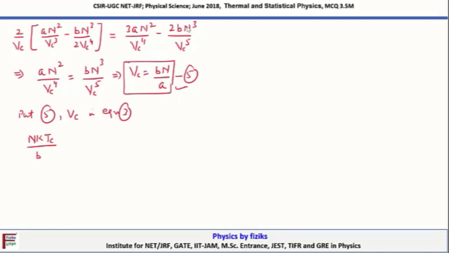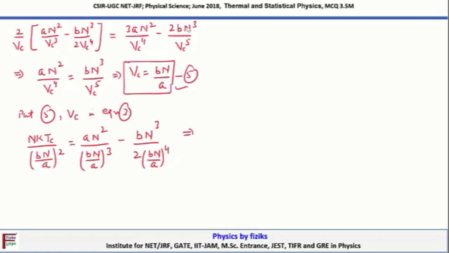So divided by bn upon a, its square, and that is equal to a n square divided by Vc cube, which is bn upon a and its cube, minus b n cube divided by 2 times Vc^4. Okay, so Vc is bn upon a, its power 4. Now we have to simply solve this expression.